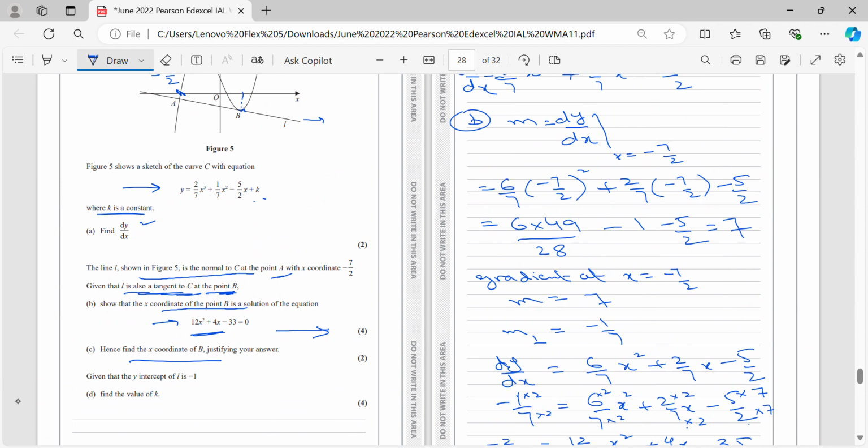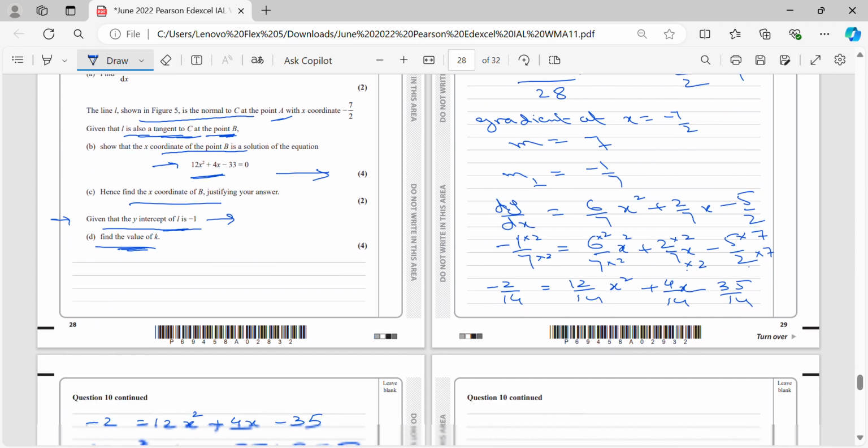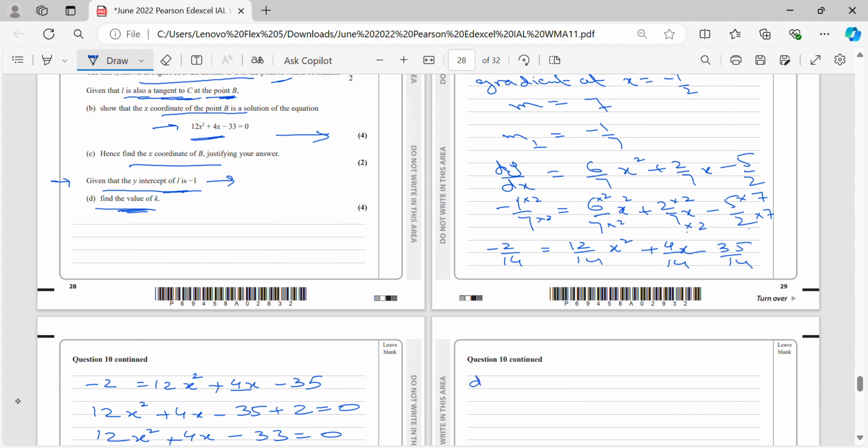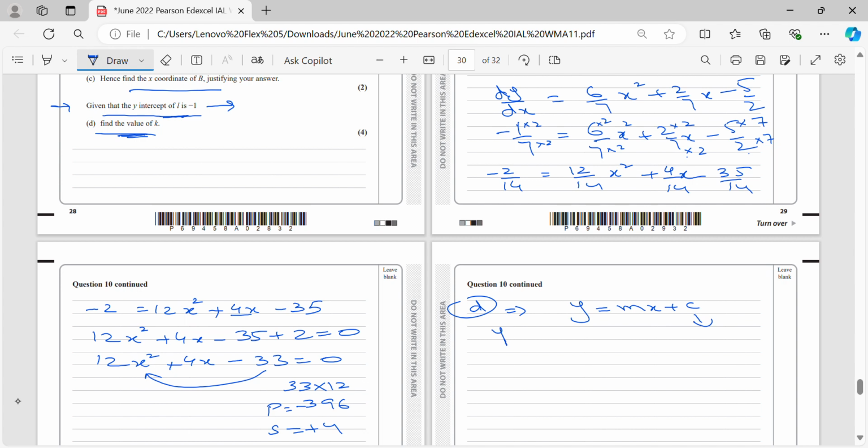Find the value of k. Okay, in the D part it says that given that the y-intercept of L is minus 1, find the value of k. We know that the equation of a straight line is y equals mx plus c, where c is the y-intercept. The gradient is minus 1 over 7 and c is minus 1.